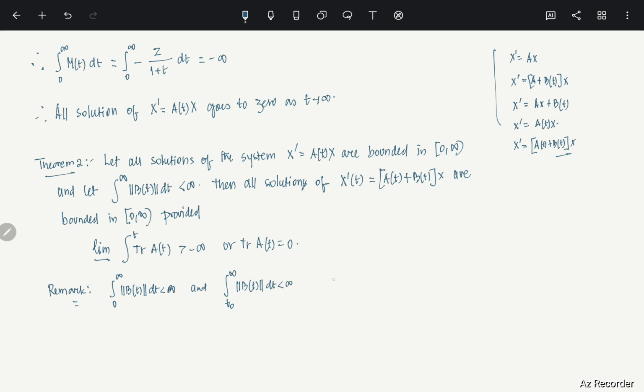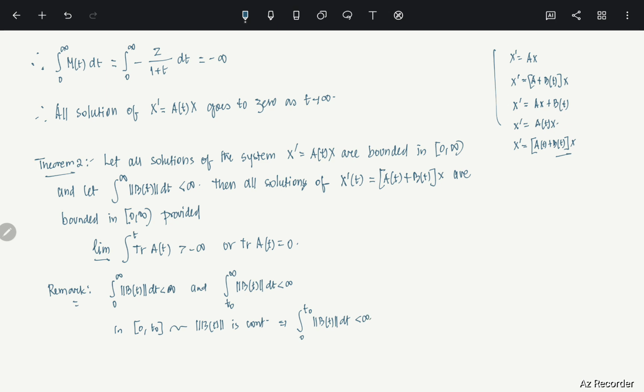On 0 to t naught, the norm of B(t) is a continuous function, so the integral on a finite interval is always bounded. That implies the integral from 0 to t naught of the norm of B(t) dt is always finite, so you don't have to worry about it.